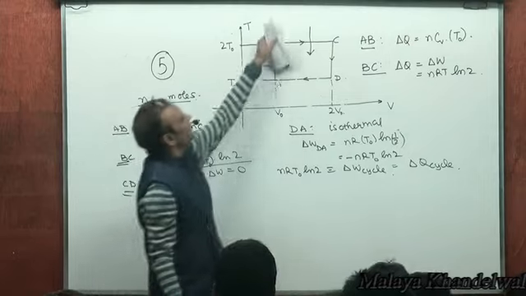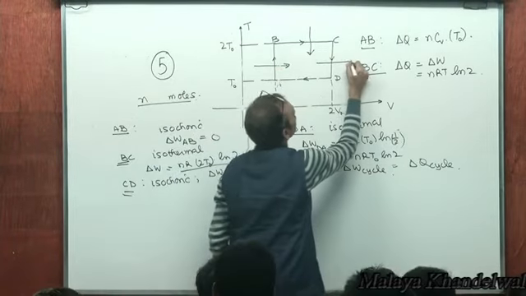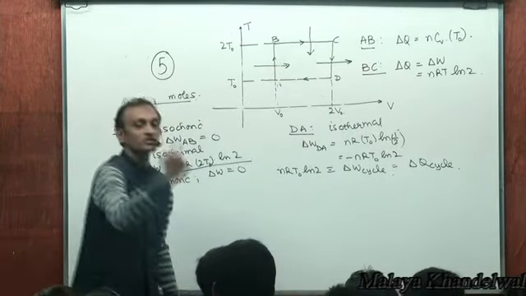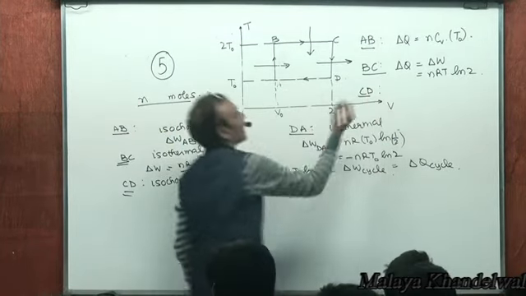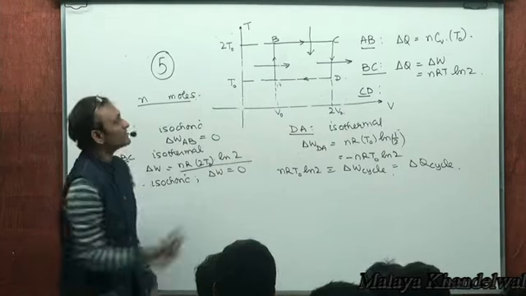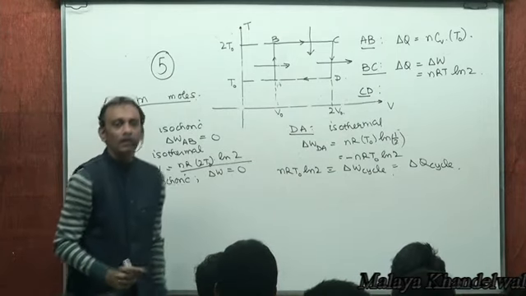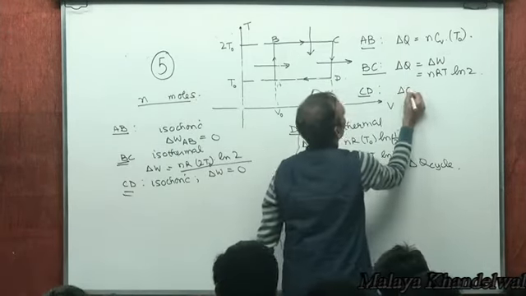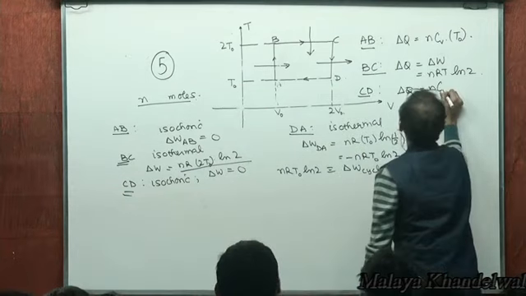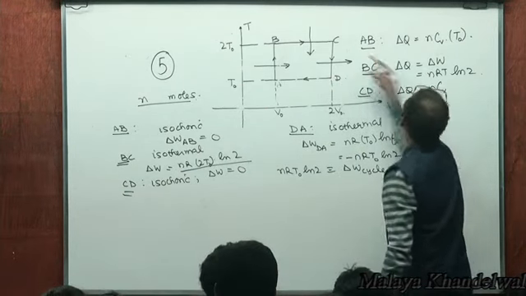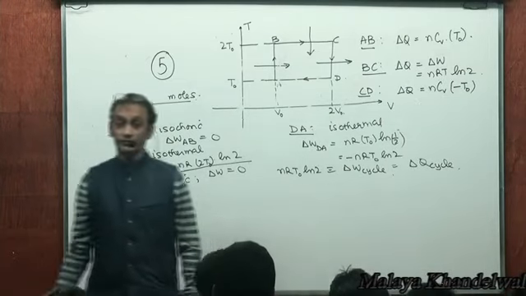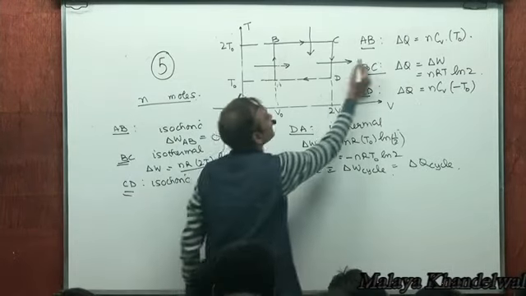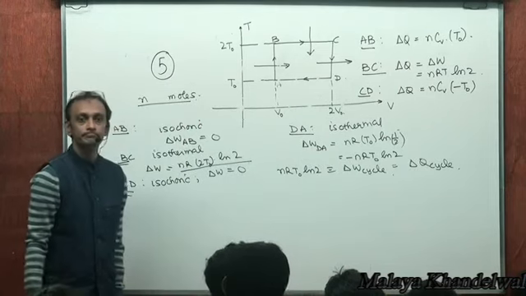Now if from A to B heat is supplied, then from C to D heat must have been rejected because temperature decreases. What kind of a process is CD? Isochoric process in which temperature is decreasing. Heat involved therefore would be NCV into final temperature T naught minus initial temperature 2 T naught. Delta Q turns out to be negative, right? So heat is rejected in this process.